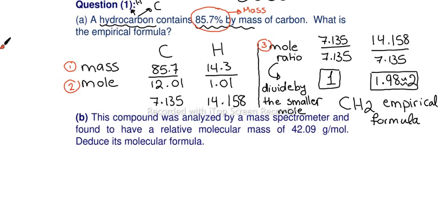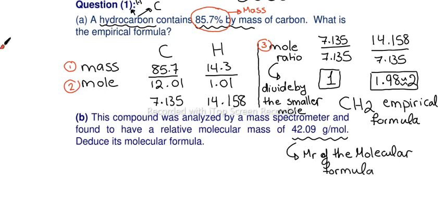Deduce its molecular formula. The point that I want to mention here is that the molar mass given in this question is the molar mass of the molecular formula. So the actual molecule that I'm looking for has a molar mass of 42.09.